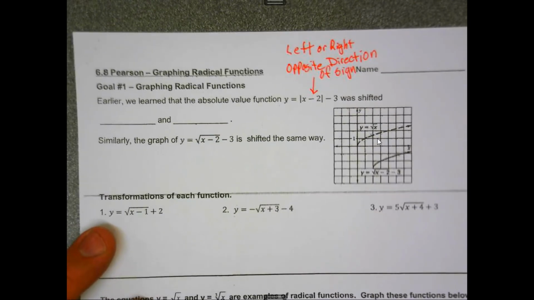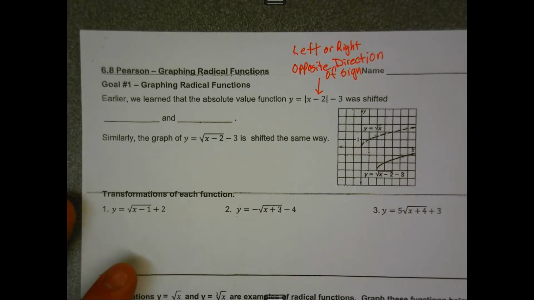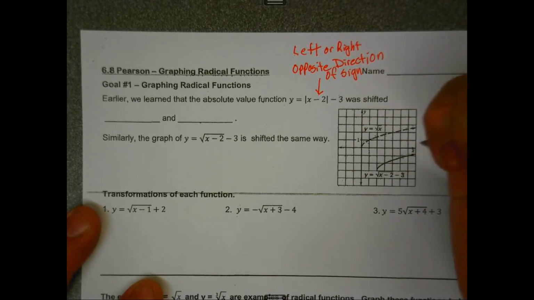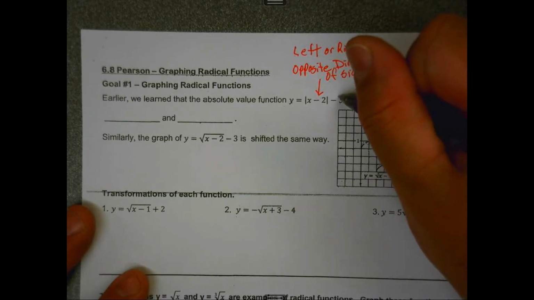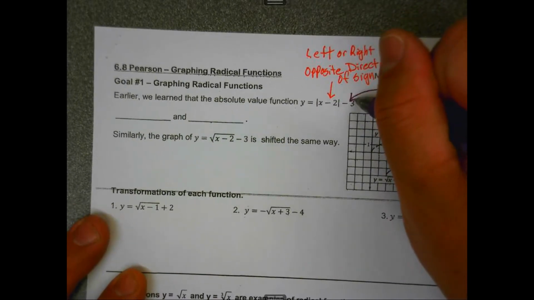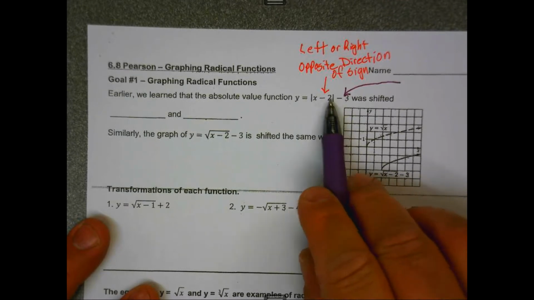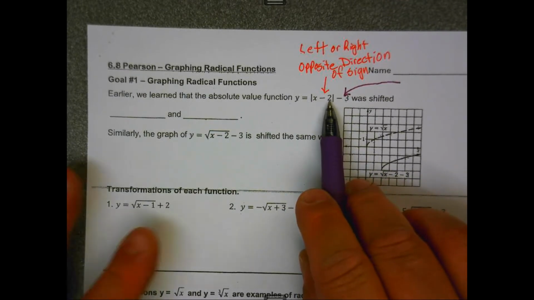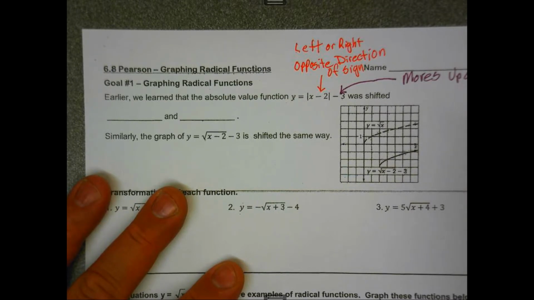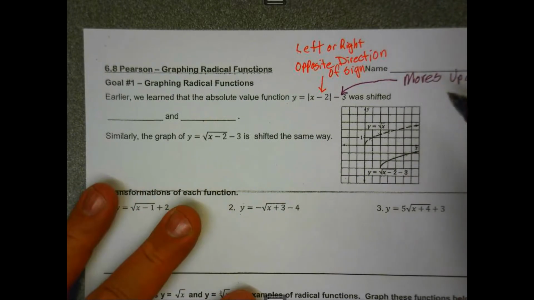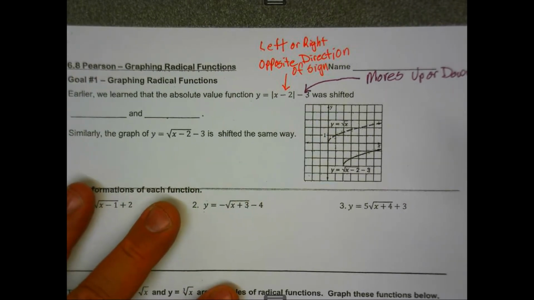Okay, if it's outside the mathematical symbol, in this case, it's outside here. By the way, this is called vertex form. If it's outside the mathematical symbol here, outside the absolute value bar symbols, it moves up or down, and it goes with the direction of the symbol.